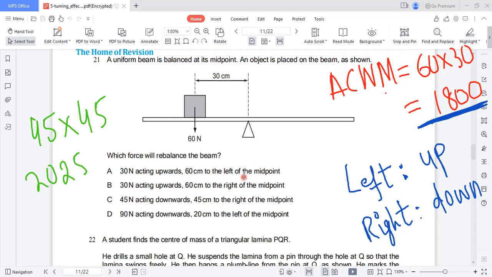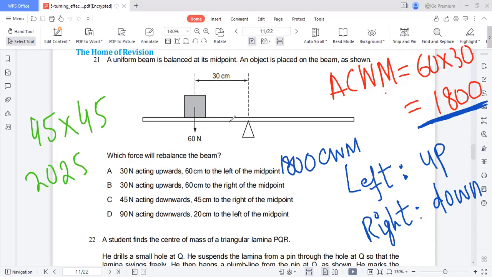Upward force on the left hand side. And now let's calculate their magnitudes. It is 30 newtons times 60. 30 times 60. Okay, 30 Newton force, and yes, it will give us 1800, and it would be a clockwise movement.